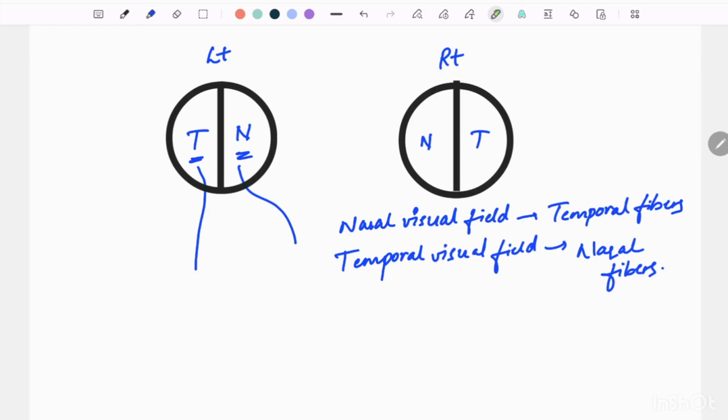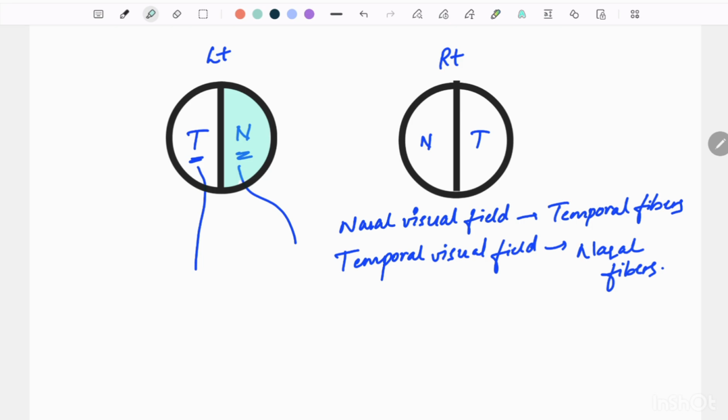And one more interesting thing: say I have said that the temporal fibers of the left eye are damaged. That means there is a visual field loss in which part of the eye? Yes, you're right. Obviously, the nasal field will be lost.